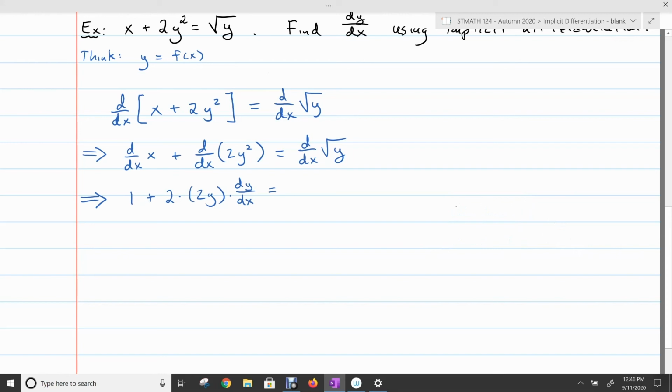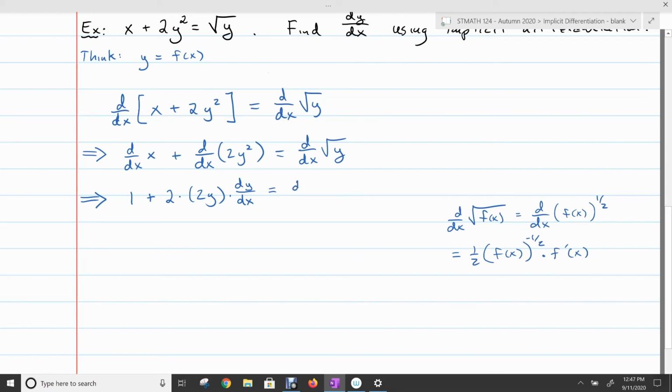Great. That's the sort of thing that you're expecting to see when you differentiate terms involving y. And now the similar sort of thing on the right-hand side, if I were taking the derivative of the square root of some whole function, well, that's the same thing as differentiating that function f of x to the 1/2 power. And so I would bring the 1/2 down, and then the exponent would get reduced to the negative 1/2. But then, because there's a function inside that radical, I've got to multiply times its derivative using the chain rule. So again, I'm going to do exactly the same thing with the square root of y, treating it as a function.